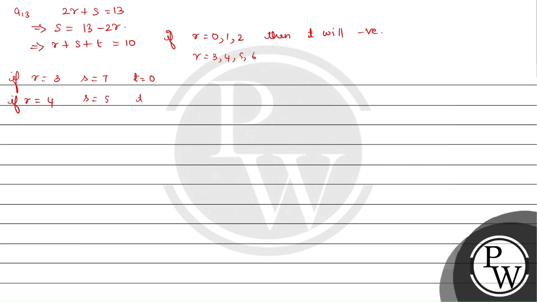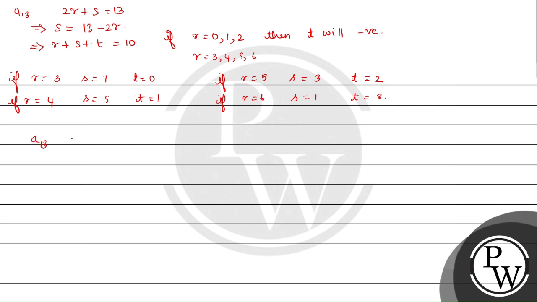Then T is equal to 1. If R is equal to 5, then S is equal to 3 and T is equal to 2. And if R is equal to 6, S is equal to 1, T is equal to 3.